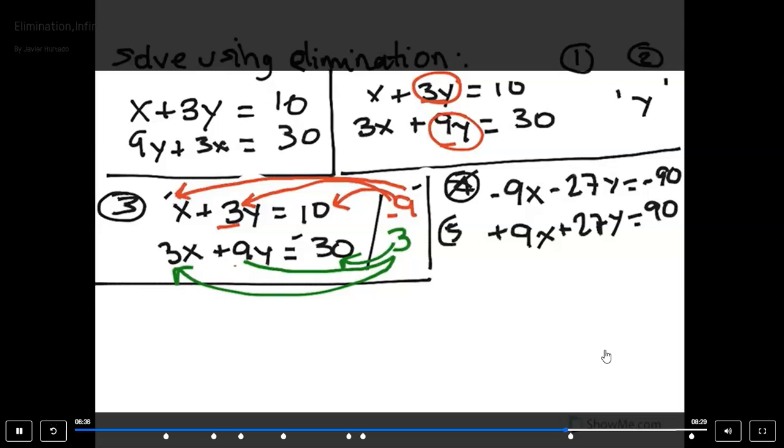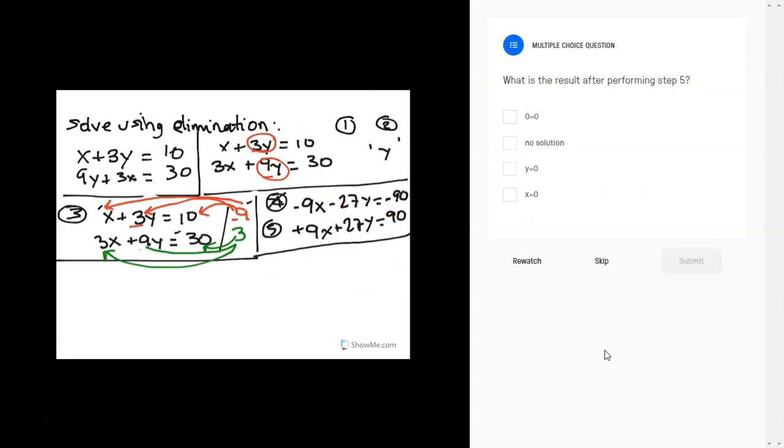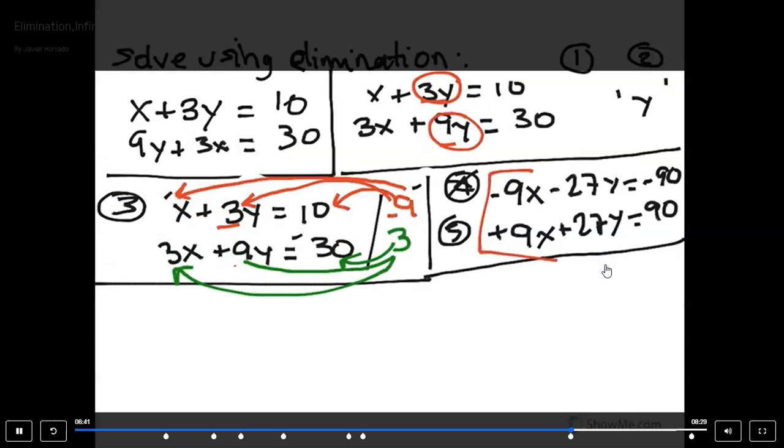I'm going to perform step 5. Step 5 says add like terms. My like terms are these ladies here, these ladies here, and these gentlemen here. When I add negative 9x and positive 9x, they cancel each other out, so I have 0.